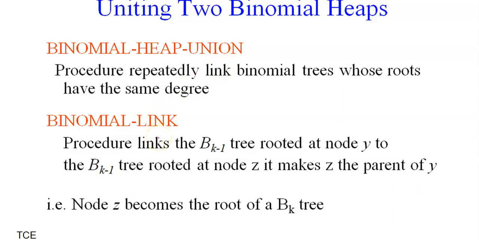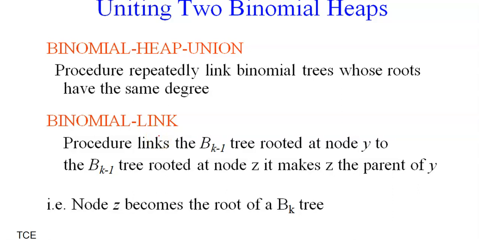While linking two binomial trees with the same degree, we have to look into the roots of both trees. I have to find them and make one tree a child of the other tree. So this algorithm looks into how to link one binomial tree with another.